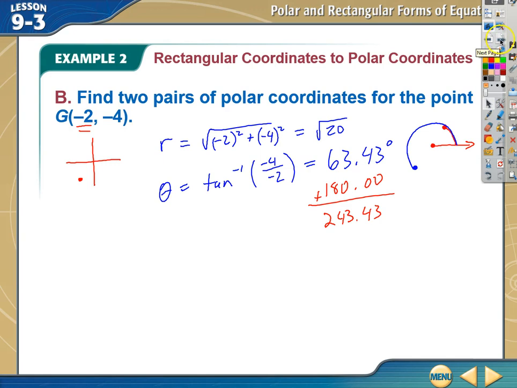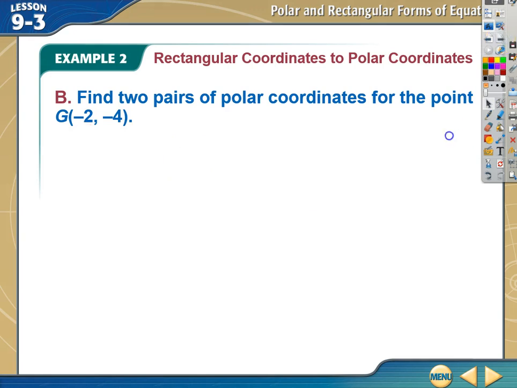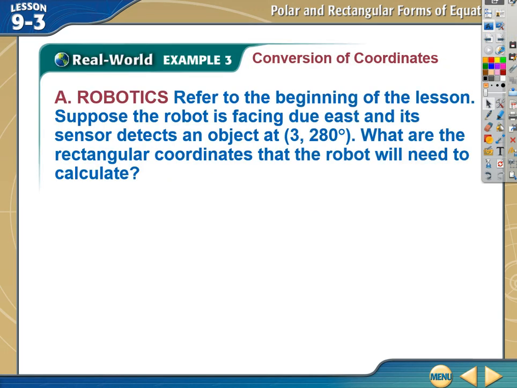So this one is your turn. I come over here and we take a look at this robotics one. It says, refer to the beginning of this lesson. Suppose that the robot is facing due east and it detects an object at 3, 280 degrees.